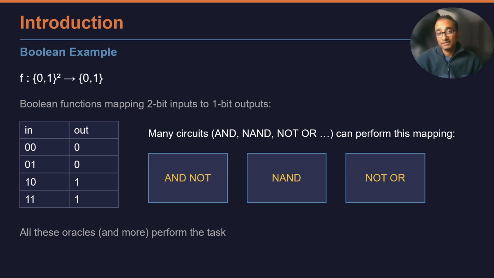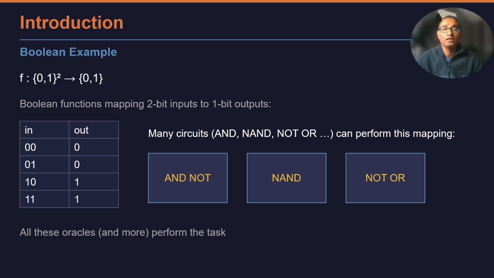However, since this is an implementation of XOR, as long as the first bit is 1, the second bit, if it's 0, gets flipped. If it is 1, it remains 1. And there are many circuits, as I said, which can help you with this implementation.